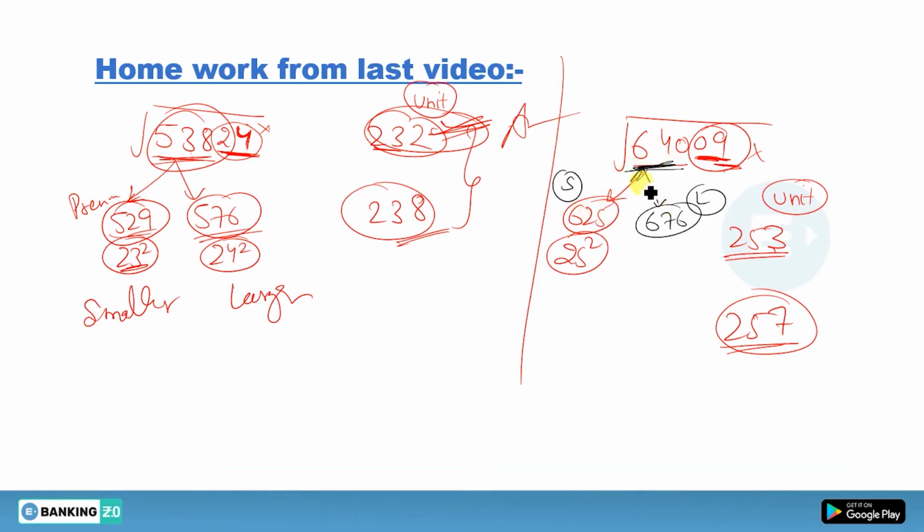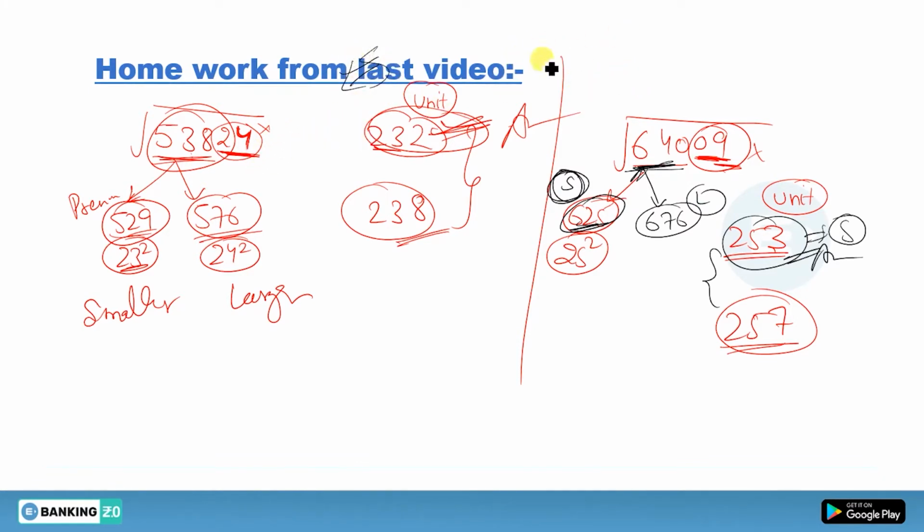You will say, sir, 640 is closer to 625, and 625 is the smaller number. So which one is smaller of these two? I will say 253 is smaller and this one is the answer. I have already told this with the explanation in the previous video, so please watch that video also. This was the homework from the last video.